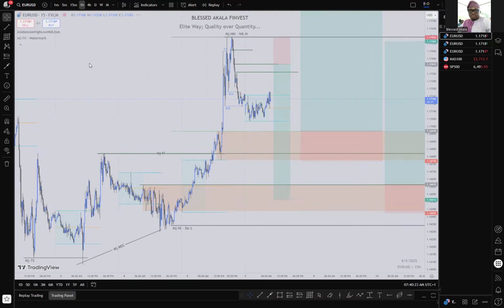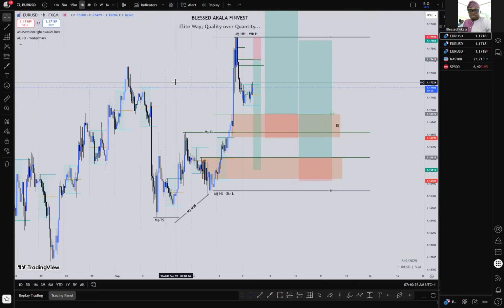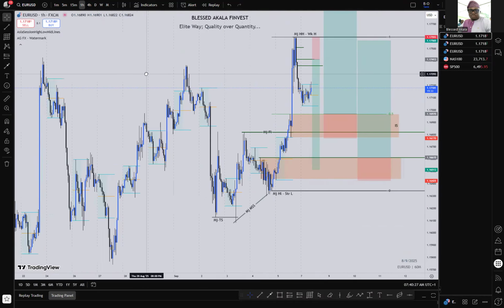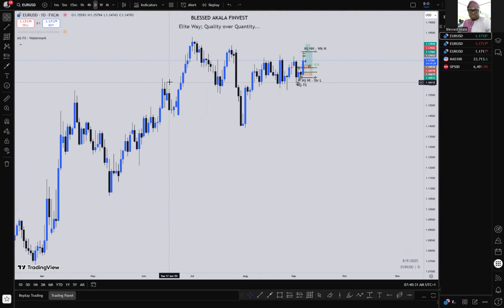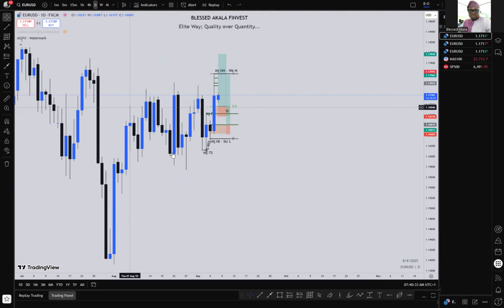With Euro USD, the way it has been behaving these days, we can see that it's just moving within a bigger range. Even if you check through daily, you see that this is a very big range within the market for some days now, and it has been taking both highs and lows, and it's not even closing above the leg. So anything can happen from within the range.